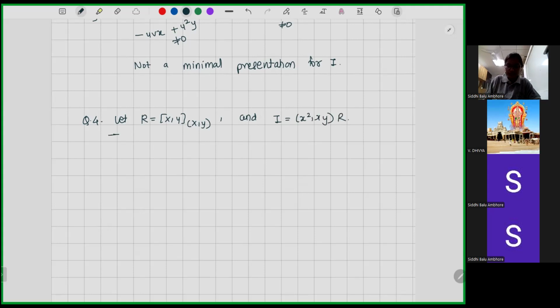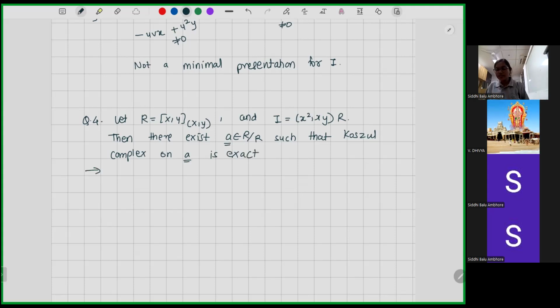Then there exists A in R mod I such that the Koszul complex on A is exact. So we have to check this.